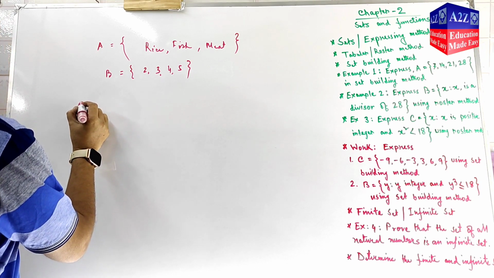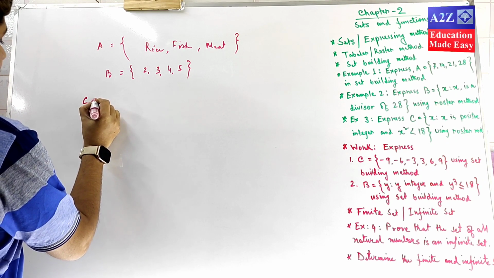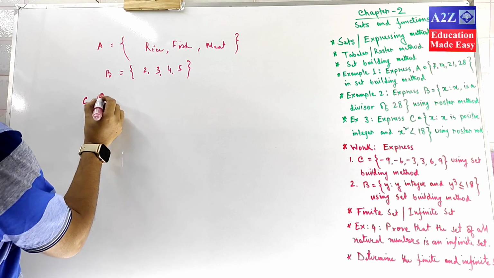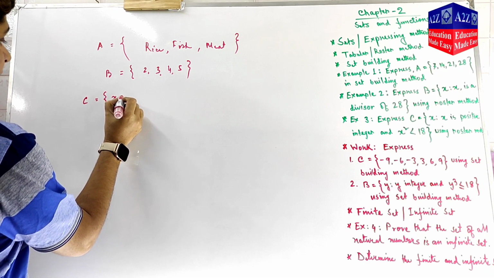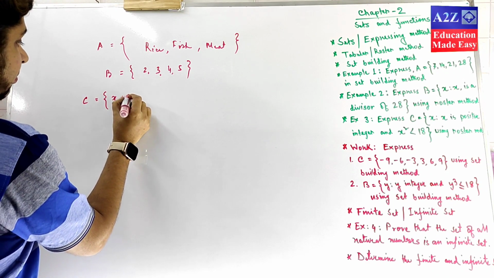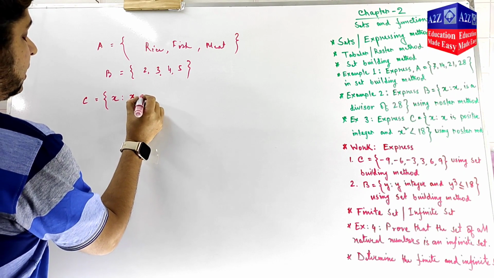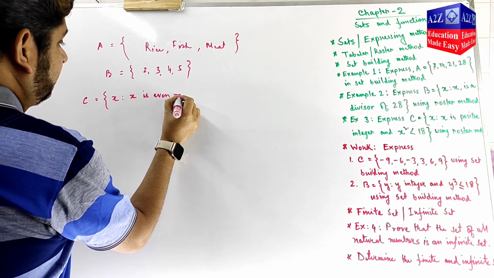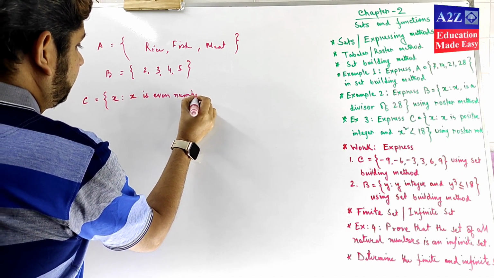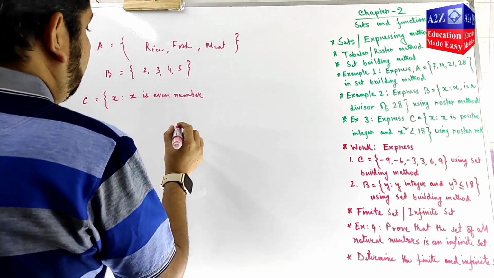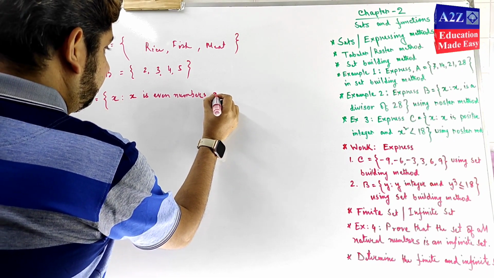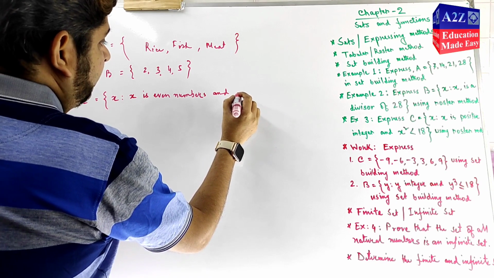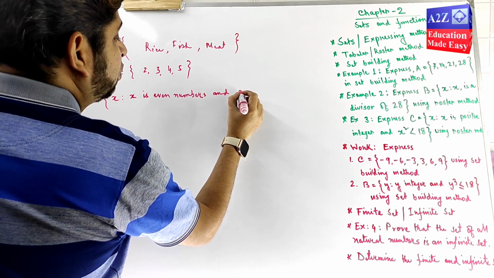Say for example, I would like to prepare a set where C is a set of elements X such that X is an even number, and these X variables range between 10 to 50.